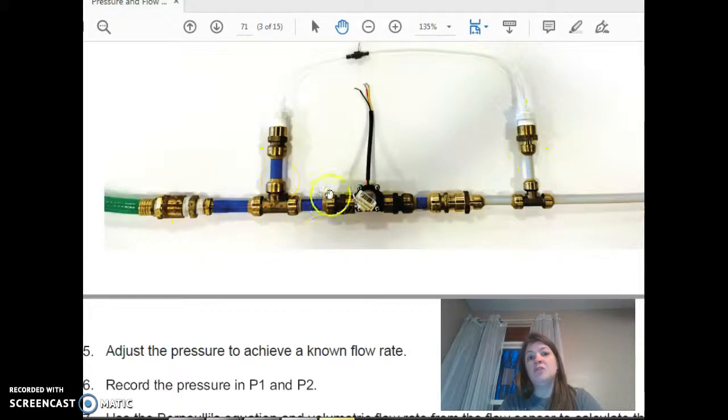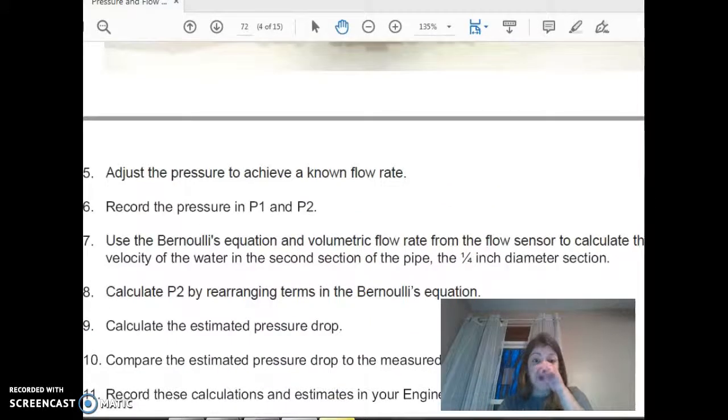So you'll have blue, blue, blue, but on the right-hand side of the flow meter, not on the side where the hose is, you're going to have small hose, small hose, small hose. And then you have to adjust the pressure to get the flow rate that you want. You want to match your flow rate from experiment two, and then you're going to start recording pressures.